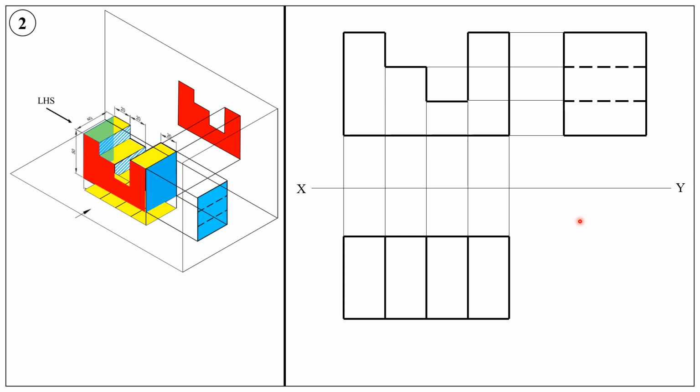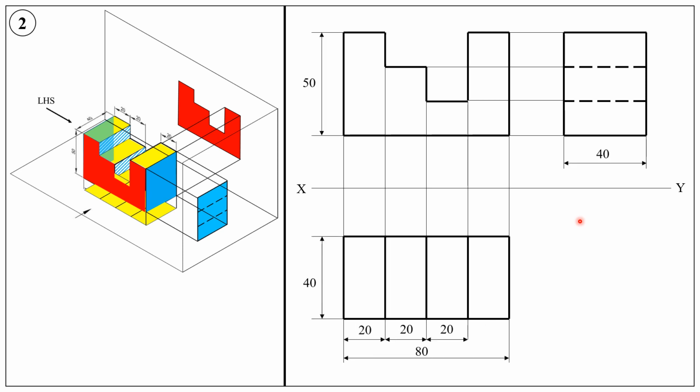Now we can give the dimensions. So this is the width of the object and this is also the width of the object. Both are same and these two dimensions are redundant.